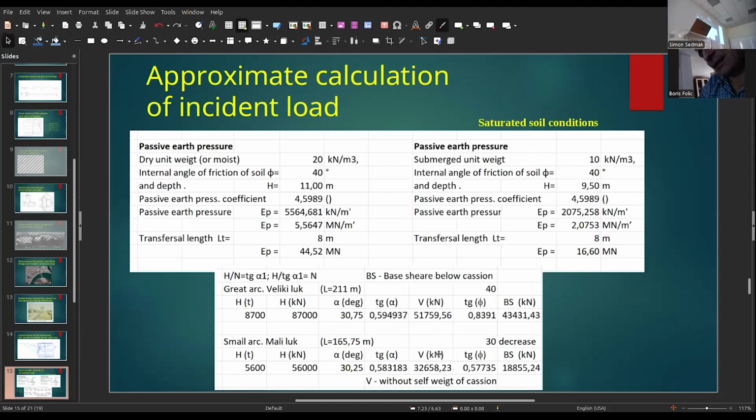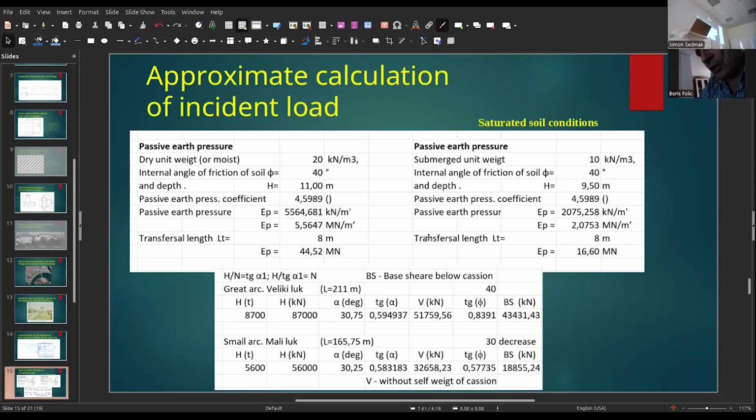And base shear is adequate to calculate the normal forces on the base in the caisson and activate the angle of friction base shear for the great arch, which is 43,000 kilonewton, but you assume it is adequate to activate the reaction for the big arch and the horizontal arch.